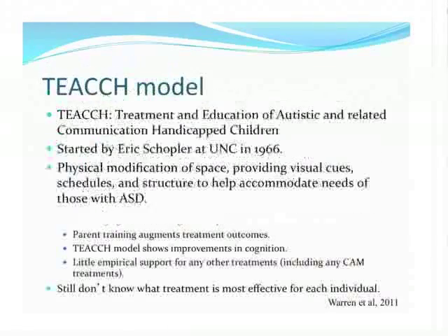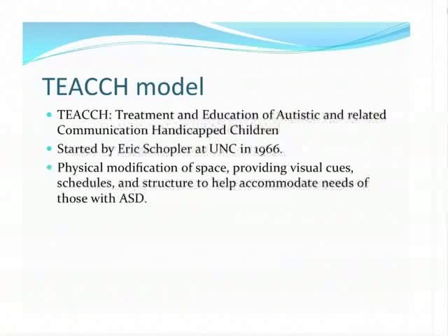So, I just want to highlight briefly the TEACH model, because we didn't talk about that earlier. The TEACH model was originally developed back in the 60s at UNC, University of North Carolina, by Eric Schopler. It was originally called the TEACH model, the Treatment and Education of Autistic and Related Communication Handicapped Children.